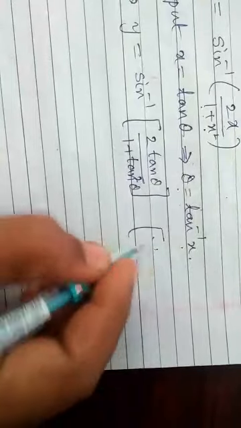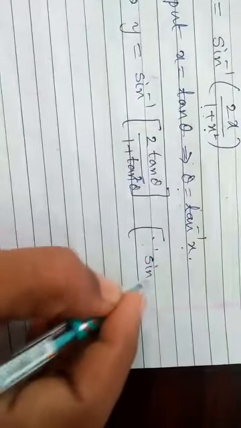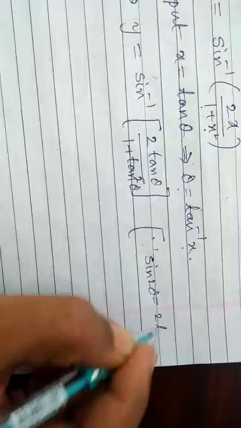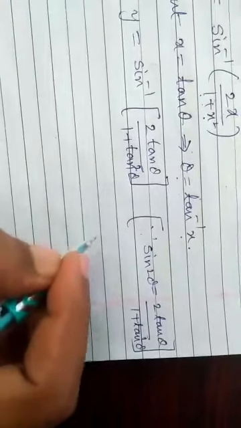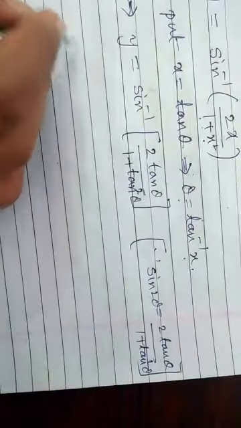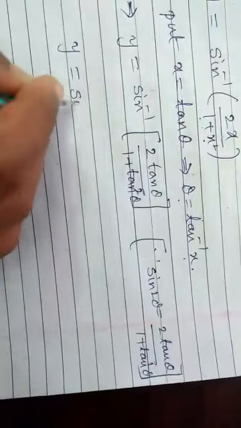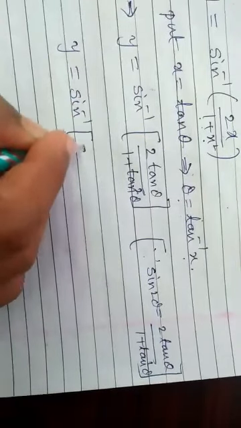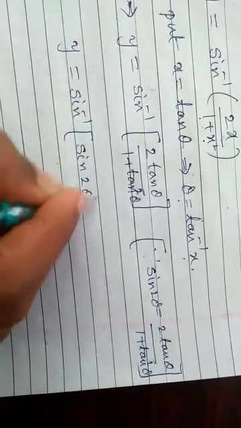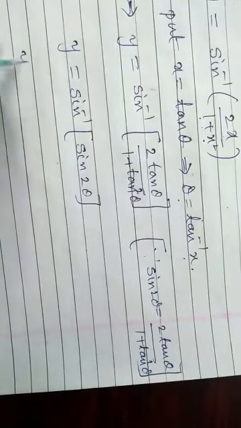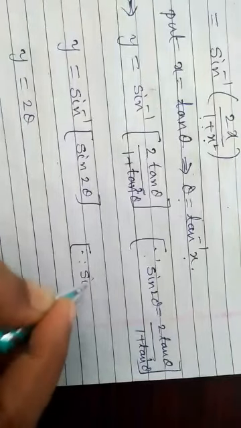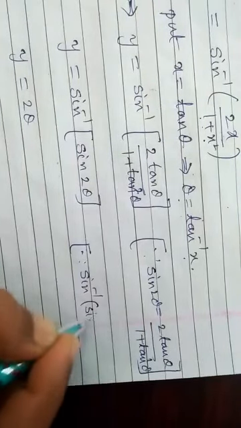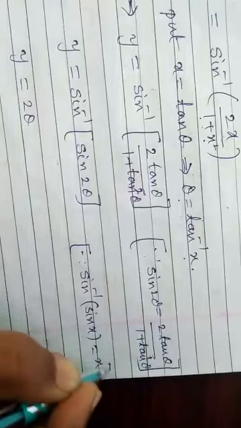Generally, in multiples and submultiples, the formula sin 2 theta is equal to 2 tan theta by 1 plus tan square theta is there. So by using that, y is equal to sin inverse of sin 2 theta, and we get 2 theta, because sin inverse of sin x is equal to x.